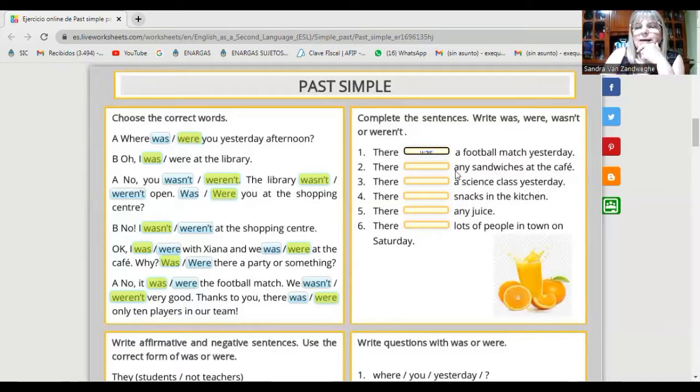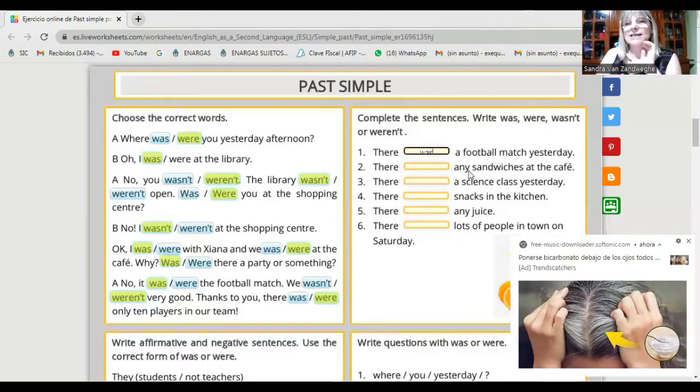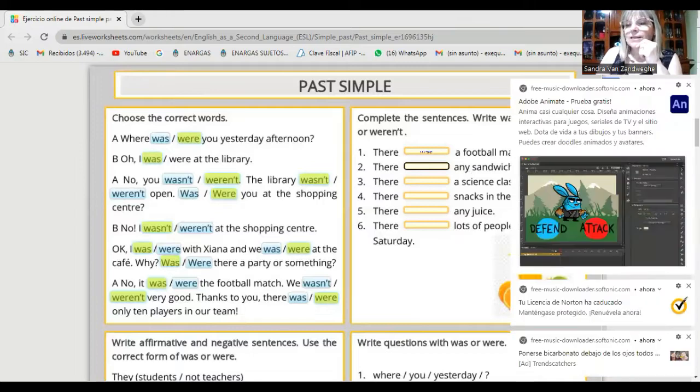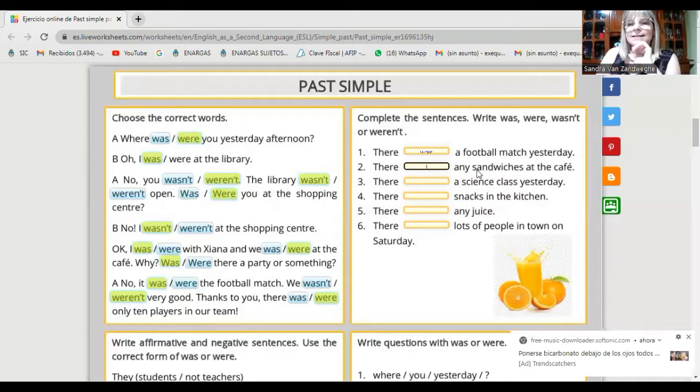Bien. ¿Qué pasa acá? Esto va a ser afirmativo, negativo, figura any. Entonces, any se usaba para las oraciones negativas. Así que vamos a sacar las propagandas. There wasn't o there weren't. There weren't. Ay, me lo pasó abajo. There weren't any sandwiches at the cafe.